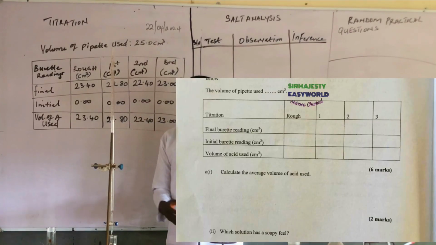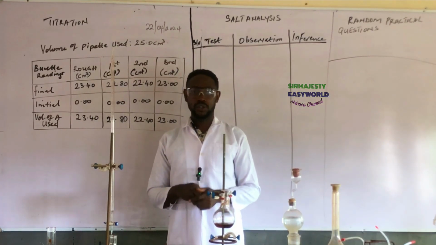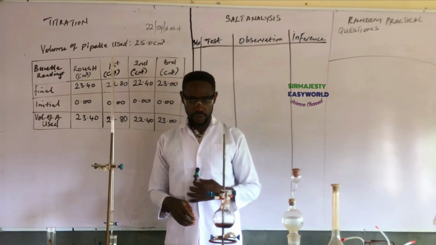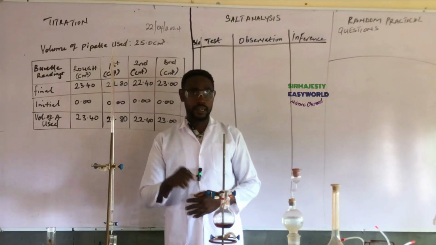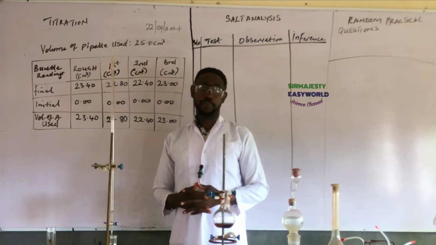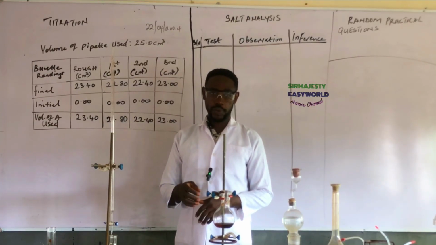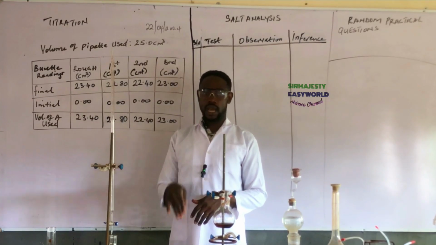If they have made that table for you, so what will you do? I advise you use pencil to fill this table for the first time. When you are now sure and certain of your values, you can now use pen. You can clean off and use pen. But when you are not sure, fill with pencil, because they will not replace this for you. Okay? That is for the question paper that has both the questions and space for your answer.